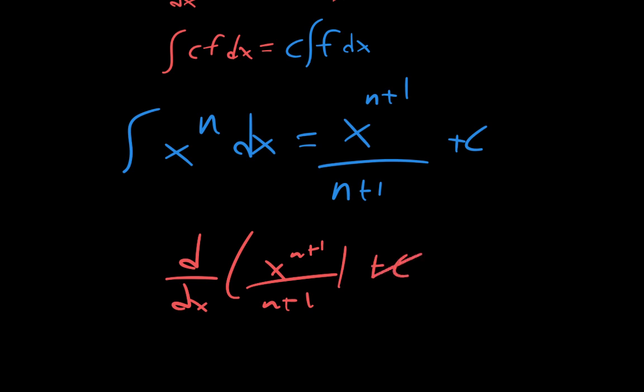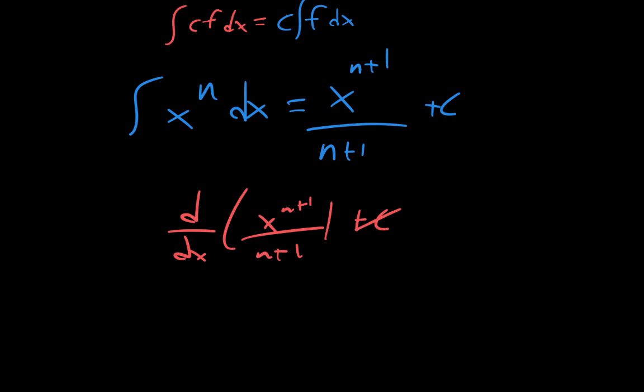well, the c term is a constant and the derivative of a constant is 0, but if we differentiate this term, we get x to the n plus 1 minus 1, or x to the n, divided by n plus 1 times n plus 1, which is just x to the n, so that's what we're looking for.